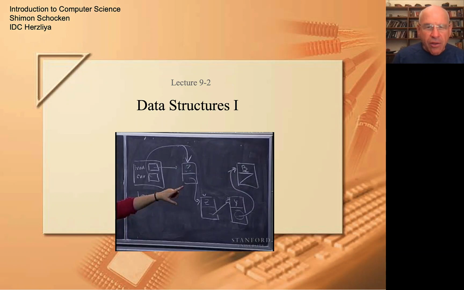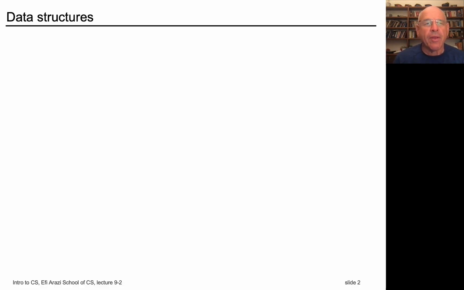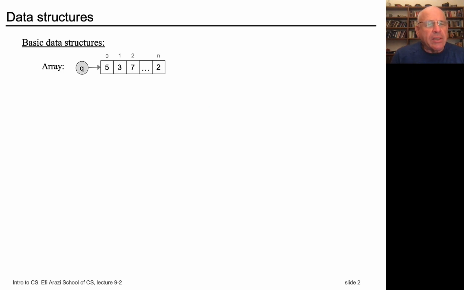Welcome to lecture 9.2, in which we will start to talk about data structures, or in Hebrew, מבני נתונים. Now, there are two basic or elementary data structures. One of them is the array that we've seen in the course in many different examples.